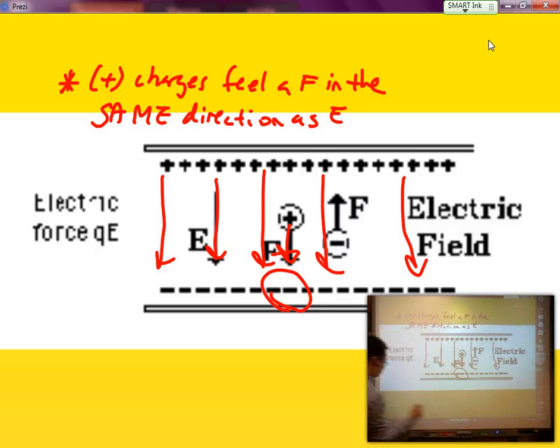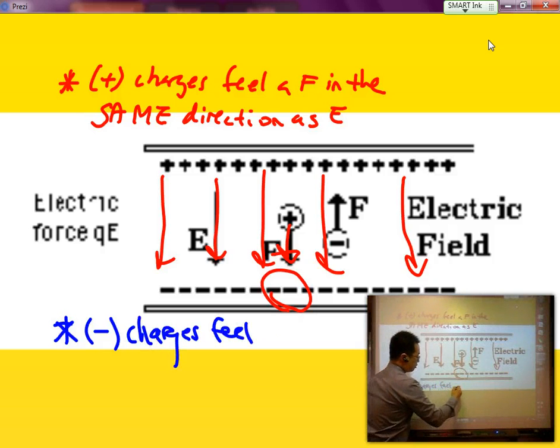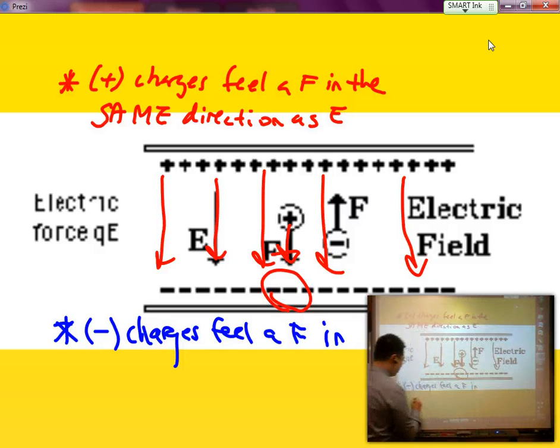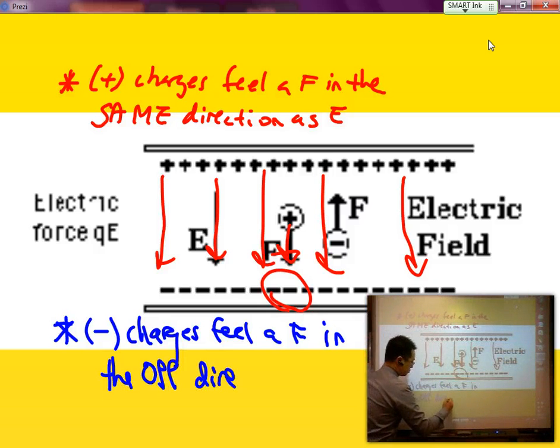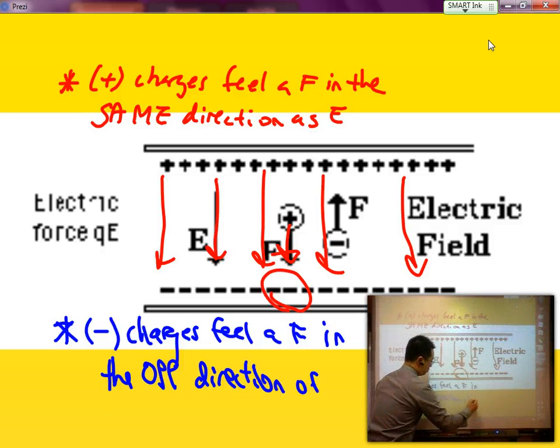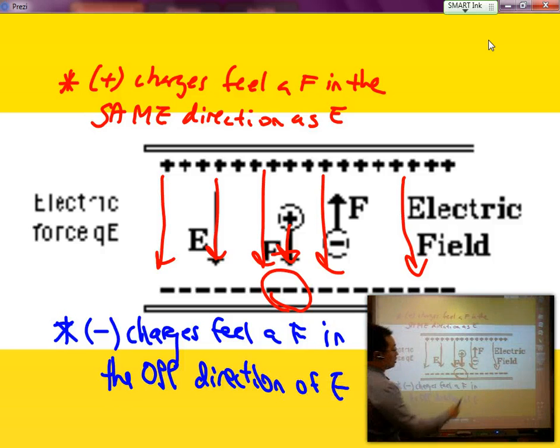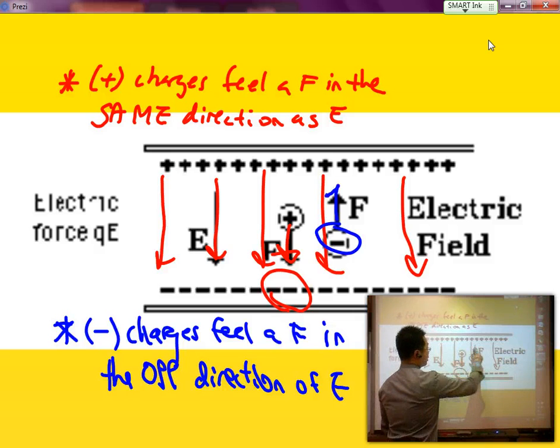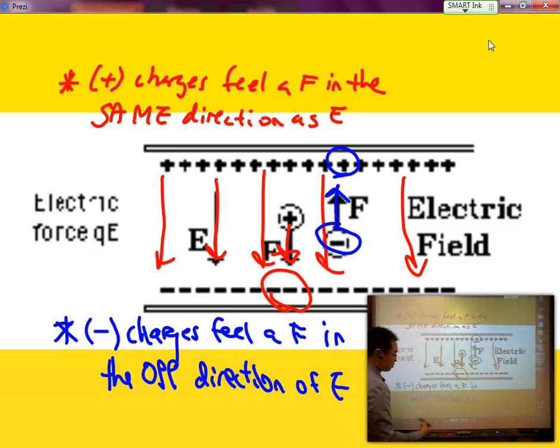However, negative charges feel a force in the opposite direction of E. Okay, which again makes sense because the negative charge is attracted to the positive charge on the other side.